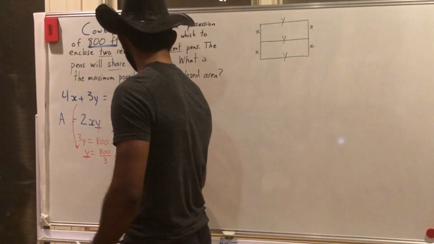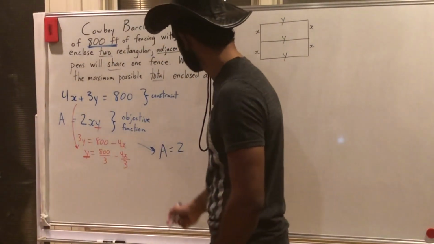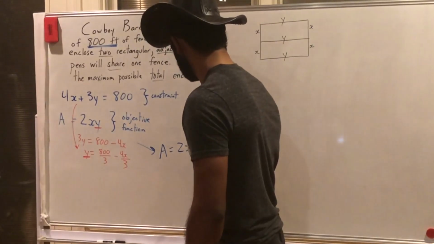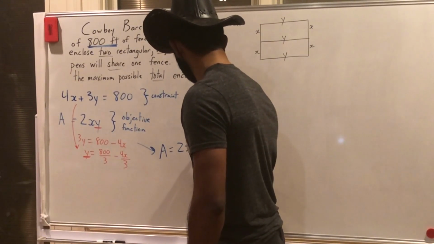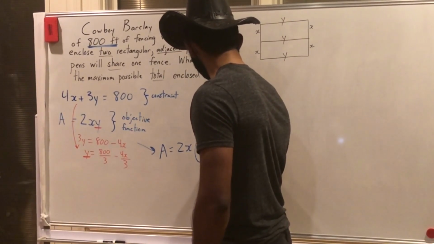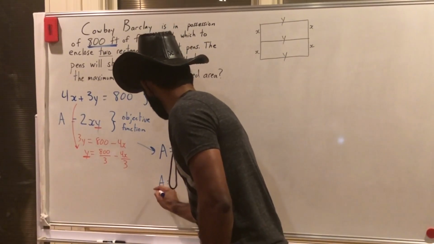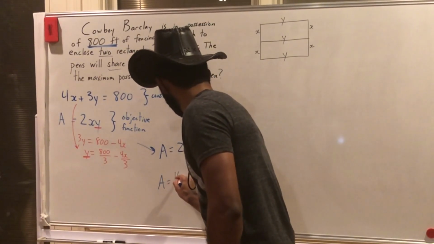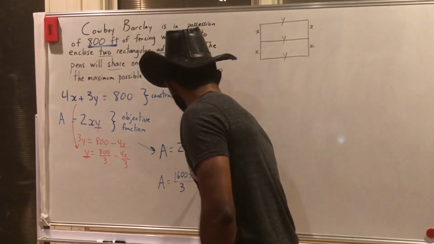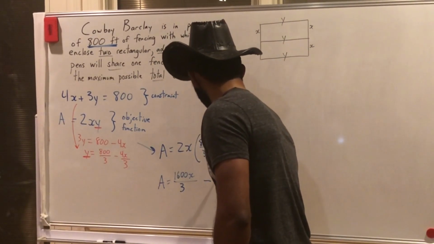And so I get A in terms of just one variable, x: 2 times x times 800 over 3 minus 4x over 3. I can write A then as a difference of 1600x, all divided by 3, minus 8x squared over 3.